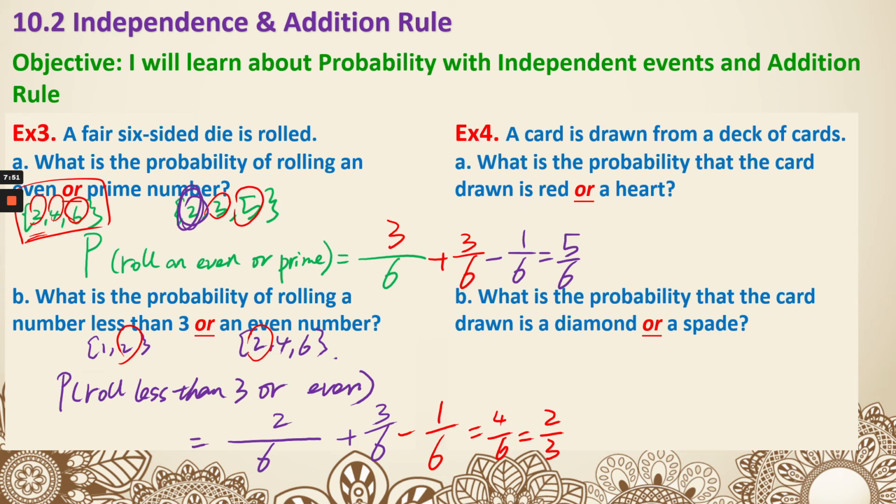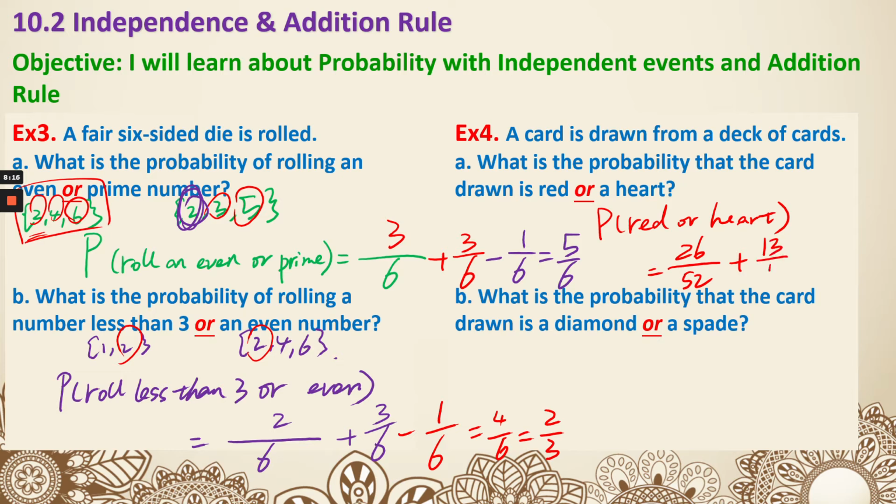Example 4. A card is drawn from a deck of cards. What is the probability that the card drawn is a red or a heart? So P, red or heart. Let's think about how many red cards we have. The hearts are red and the diamonds are red. So we actually have 26 cards out of 52 that are red.